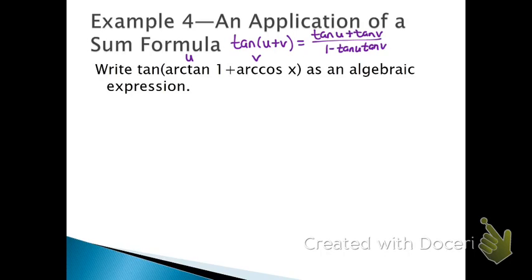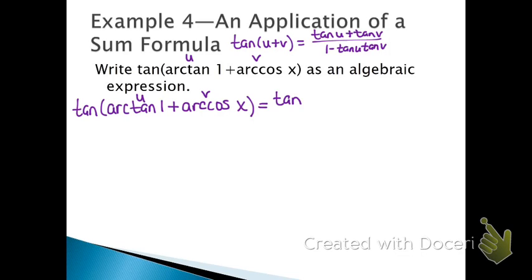All right. We've done the pieces of this before. We just got to put it together now. All right, so this is my u, this is my v. So I'm just going to put it into the equation.